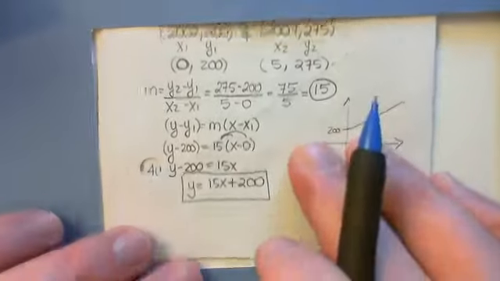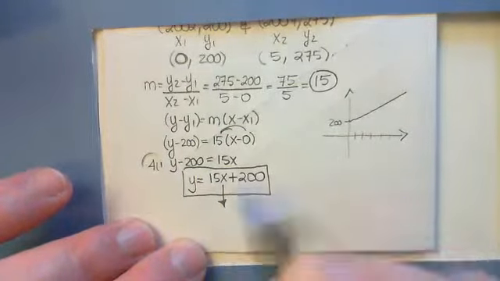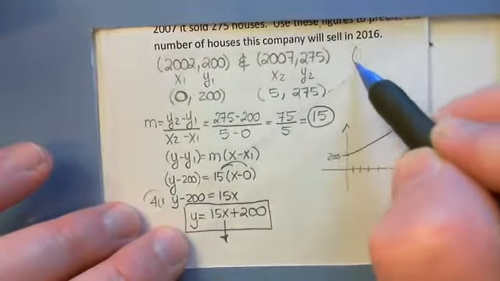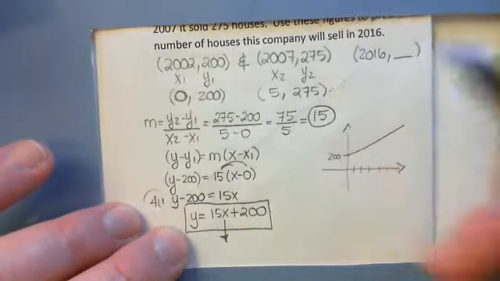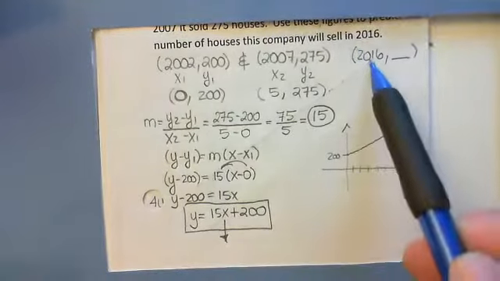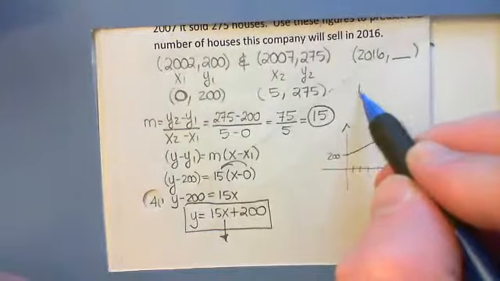So I'm going to use this equation here, and I'm going to plug in the year for x, because basically the question is, in 2016, how many houses will I sell? First of all, let's change 2016, subtract 2002, to 14.